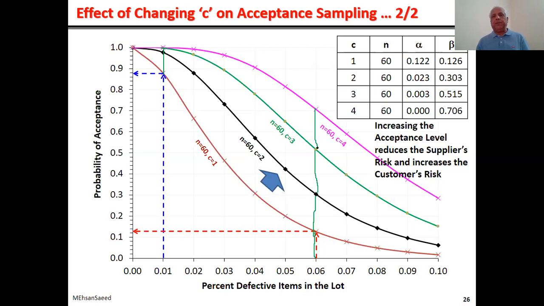The final topic which we are going to discuss in this is how to do the reverse. To find out the values of N and C for given values of alpha and beta risk, or for given thresholds of alpha and beta risk.